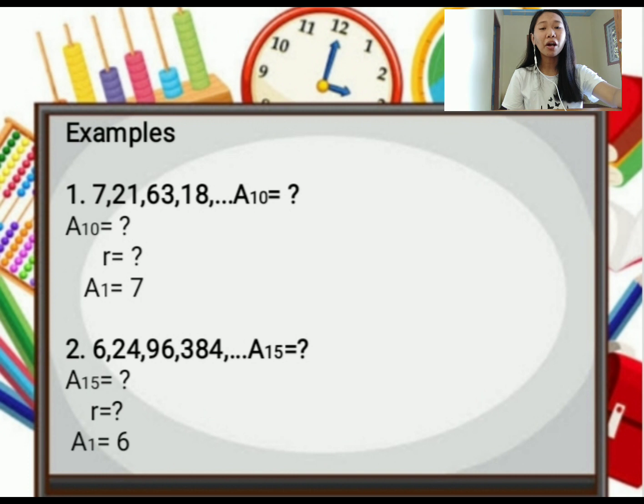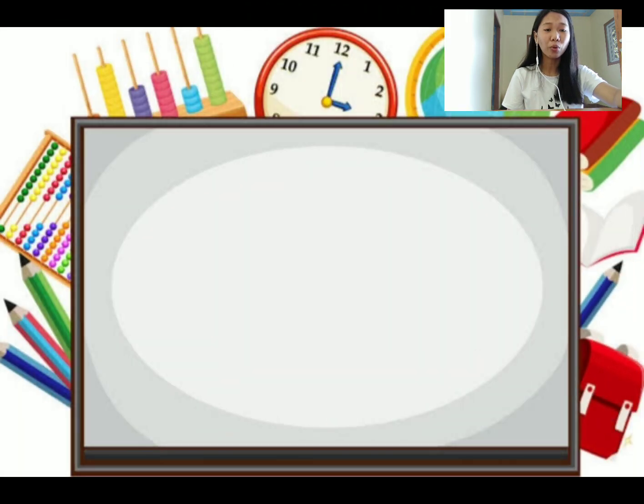We have here two examples of geometric sequences for us to understand how to solve for the last term and how to find the common ratio of the given geometric sequence.